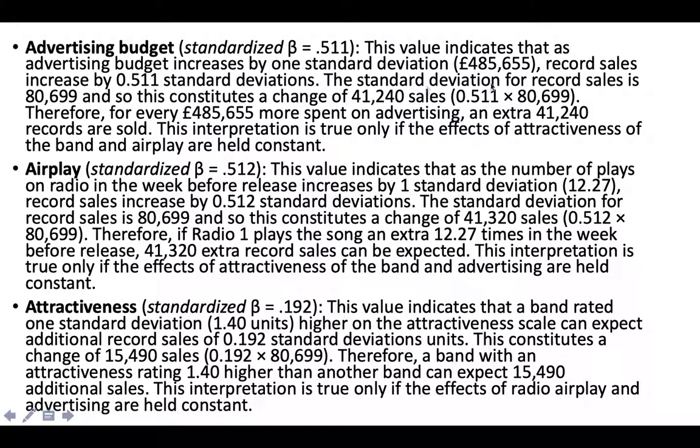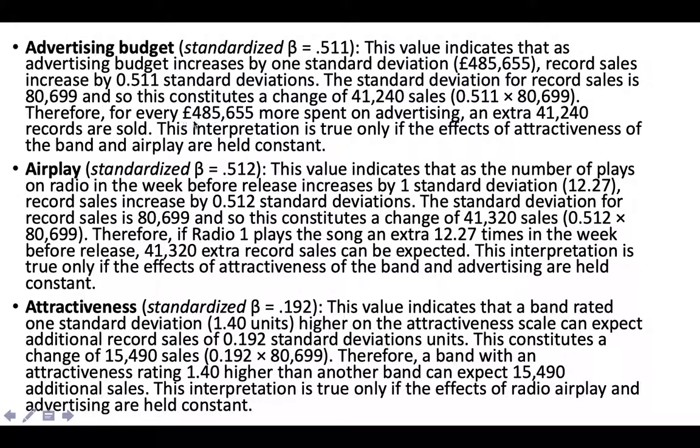The standard deviation for record sales is 80.699, and so this constitutes a change of 41.240 sales. Where does this value come from? You multiply this beta value with the standard deviation of the record sales.